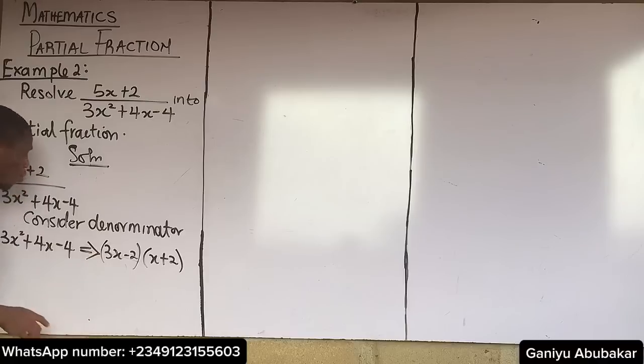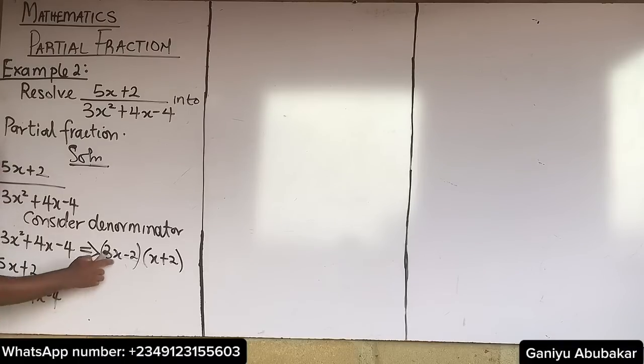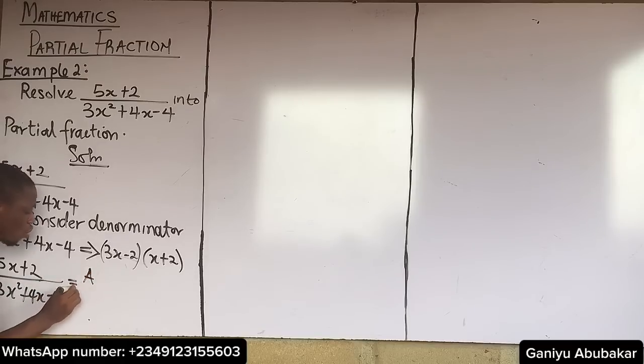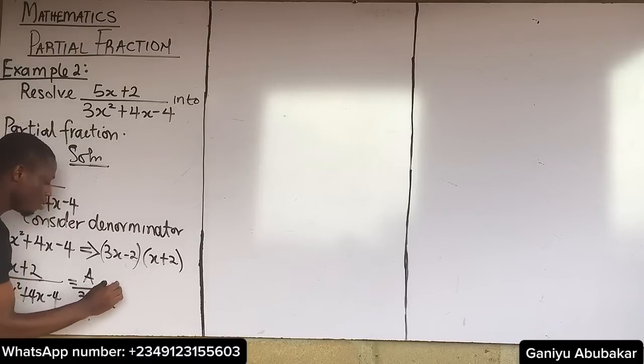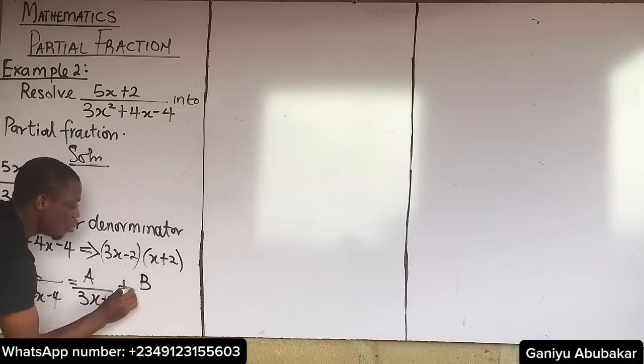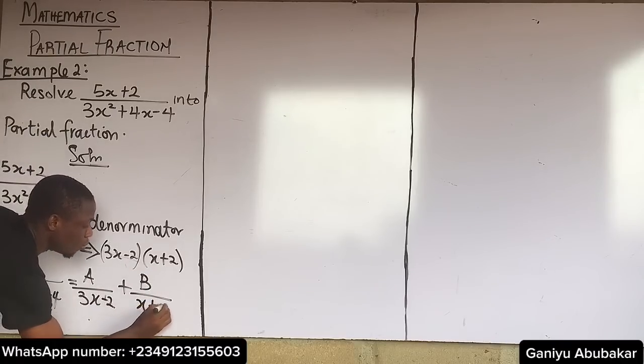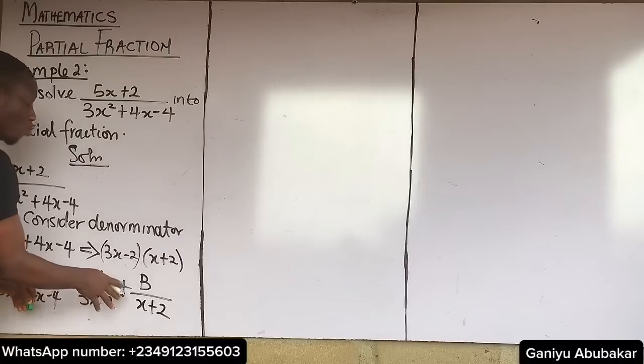So the general form becomes 5x plus 2 all over 3x squared plus 4x minus 4 to be equal to a all over 3x minus 2, plus b all over x plus 2. This is the idea of rule 1.